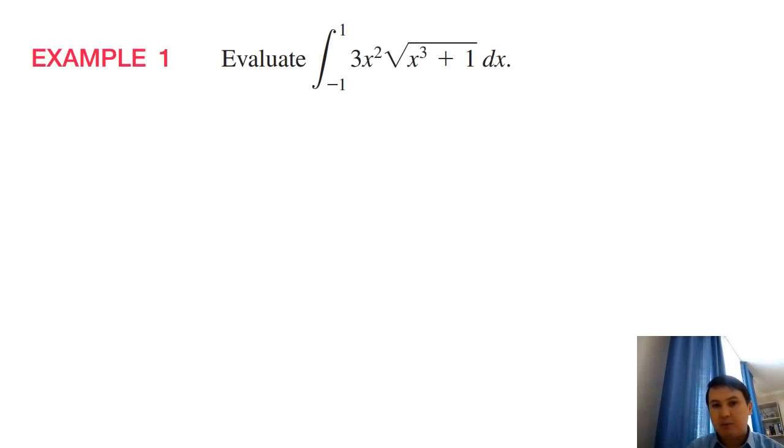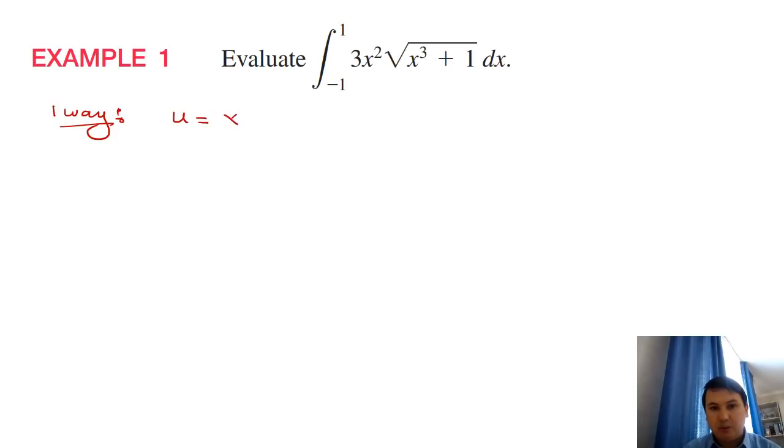All right, so let's consider the following example. Integral from -1 to 1, 3x squared, square root of x cubed plus 1 dx. How do we find it? There are two methods. The one method is shown in the previous slide, so let me first handle that method. So first way, u substitution is not hard to guess.